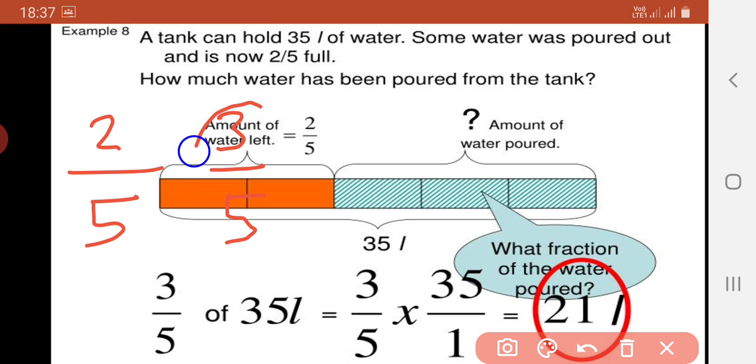So we have only poured 3/5 part of water.